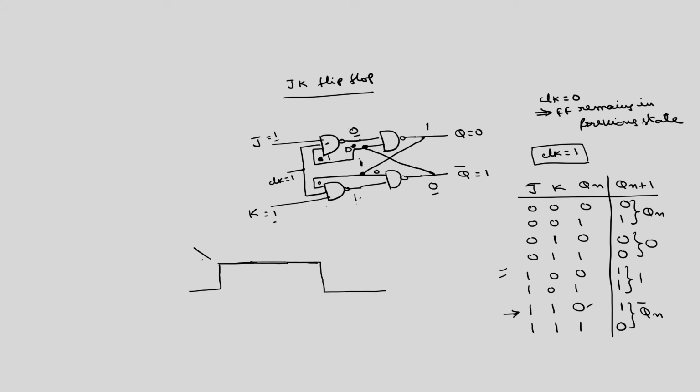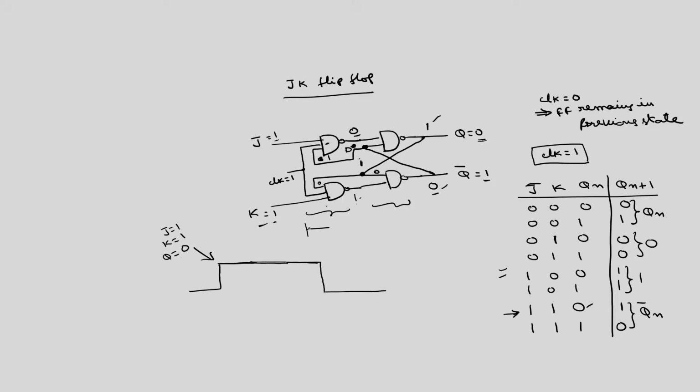At the starting of this clock, J is equal to 1, K is equal to 1, Q is equal to 0. This is the situation. So, this Q becomes 1 and 0, but after how much time? The time taken to propagate the signals through this gate and this gate.